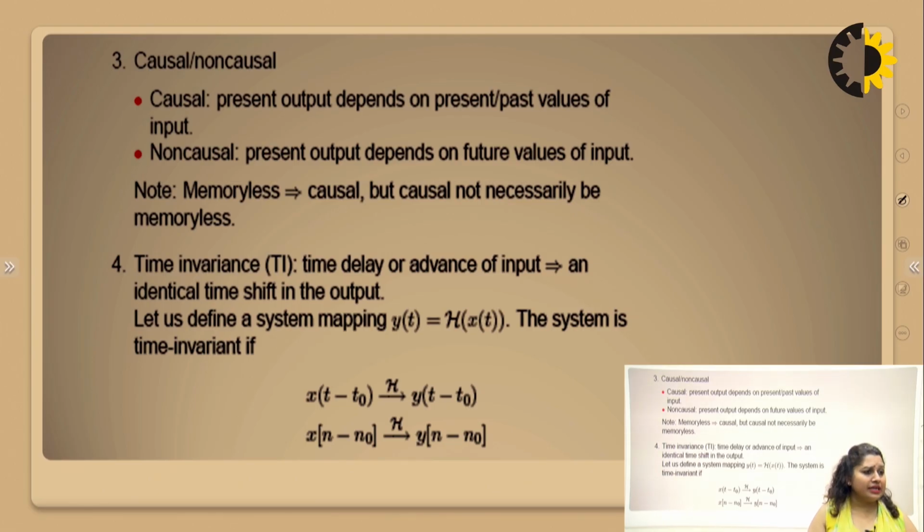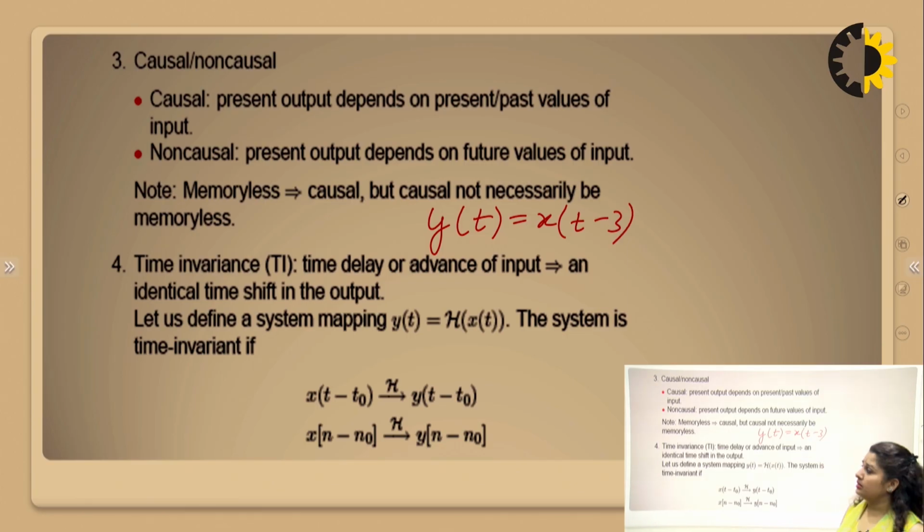The other category of system property is time invariance, or a time invariant system. If we delay the input as x(t minus t0), and accordingly the output is also delayed, y(t minus t0), then that system is called a time invariant system. For example, y(t) equals x(t minus 3).